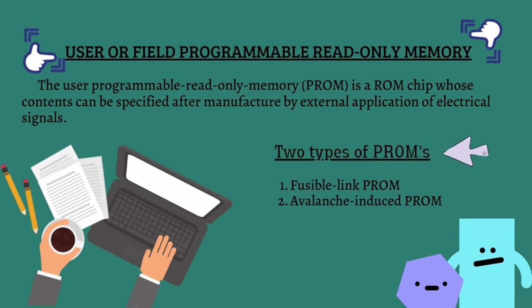User or field programmable read-only memory. The user programmable read-only memory, PROM, is a ROM chip whose contents can be specified after manufacture by external application of electrical signals. There are two types of PROMs: fusible link and avalanche induced migration.